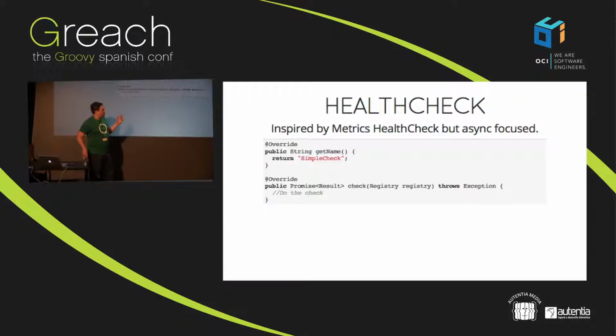One of the keys to remember, though, is health checks are done actively. So for every request you make to the health check endpoint, it's going to call the check method for everything in the registry that is of the health check type.